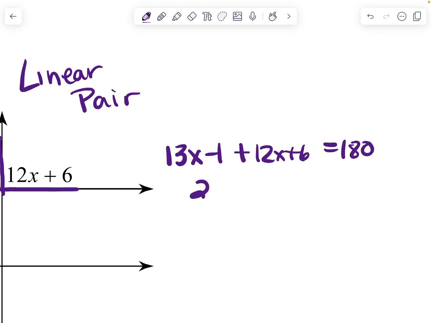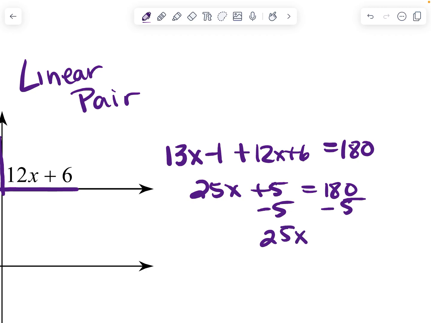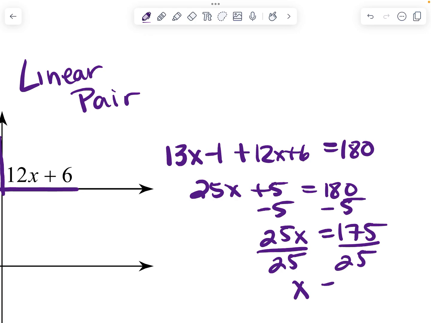That's going to get me 25x plus 5 equals 180. Subtract. When I subtract that, I get 25x equals 175. Then I need to divide both sides by 25. x equals 7.